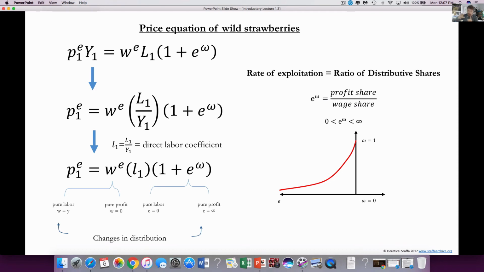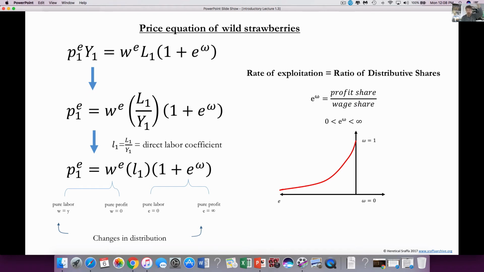The way I'm drawing it here, we're going to set that as the numeraire in order to draw this particular relation. But if we were to set the wage as the numeraire, which we could easily do, then it's the price of wild strawberries that would increase. But instead of decreasing as the wage does, the price of wild strawberries, if wages is the numeraire, is going to increase infinitely. It's going to be what we can see as labor commanded.